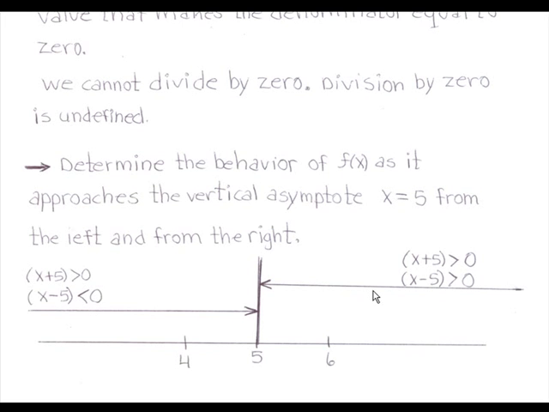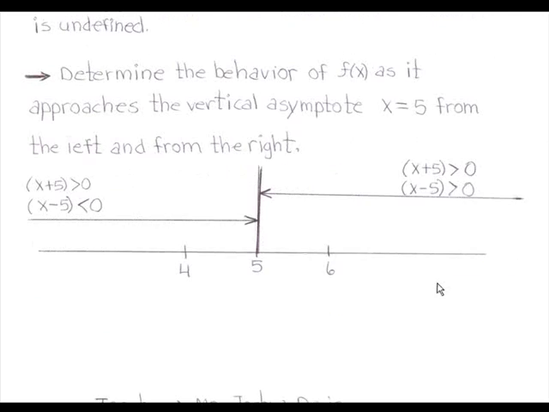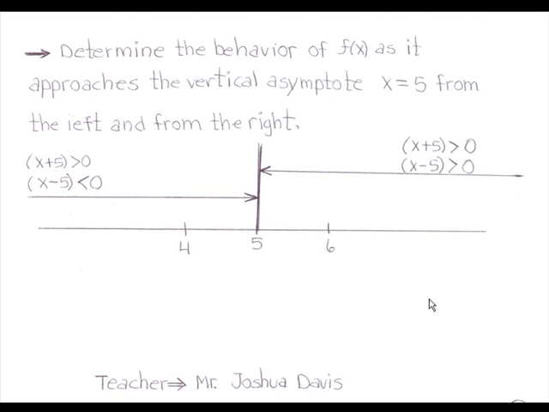When we put values into the 2 expressions that are above 5, for the first one we have x plus 5. When we put a value into this expression of a number that's greater than 5, x plus 5 will be greater than 0. And if we use any number to the right of 5 and substitute that into the expression x minus 5, x minus 5 will be greater than 0.